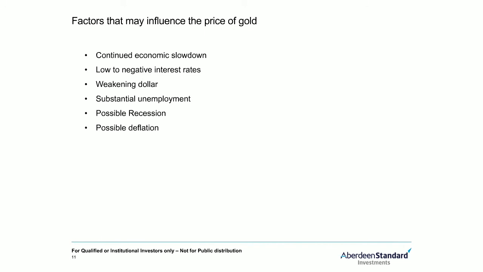But as it relates to the price of gold and precious metals, for that matter, there are a lot of factors that are working in the favor of precious metals right now, and I think we've seen a lot of that reflected in the price of gold. It's been on a bit of a steady climb, but why is that happening?